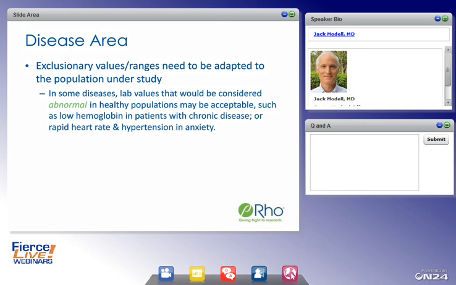And I have seen a lot of people get hung up studying, say, chronic diseases, saying, well, we really don't want anemic patients, so anybody who has a hematocrit less than 33 can't get in the study, forgetting that hematocrits of less than 33 are pretty common in chronic diseases. Likewise, I saw a study for generalized anxiety where they said, well, we don't want people who have really fast heart rates.